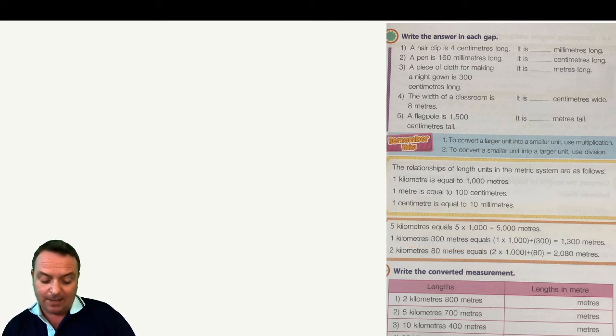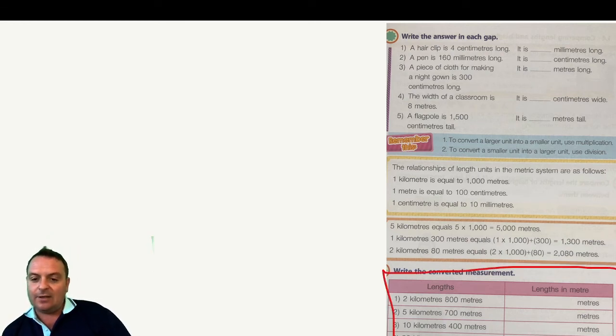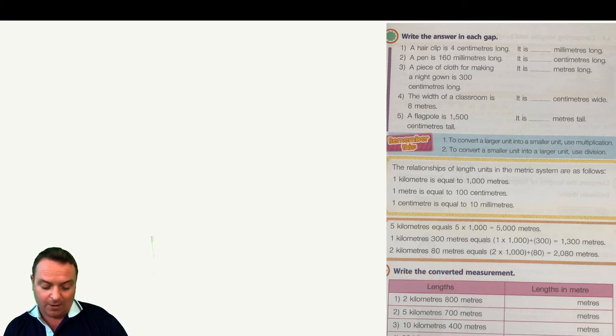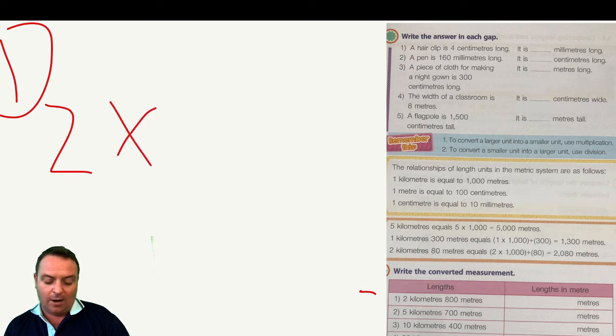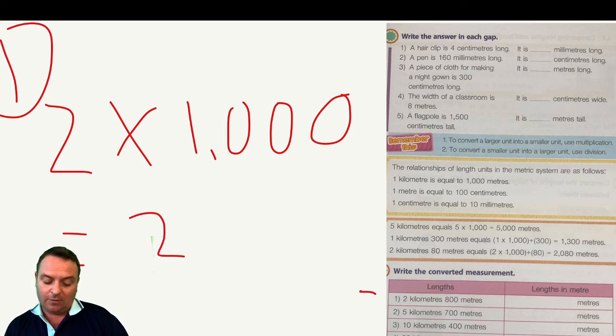So, homework at the bottom of the page. I want you to convert these measurements. Number 1, 2 kilometers, 800 meters. What is that length in meters? So this is what you're going to do for number 1. Example. 2 kilometers, 2 multiplied by 1,000 meters equals 2,000.